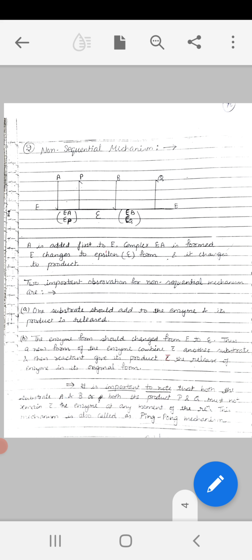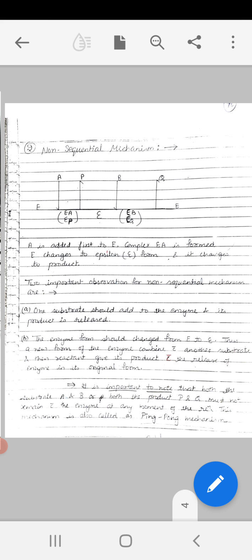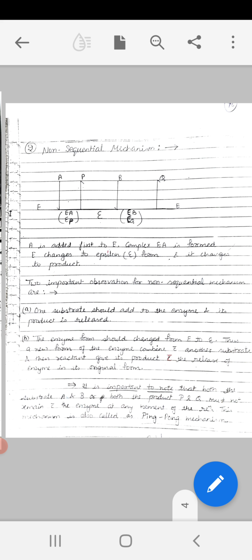Two important observations for the non-sequential mechanism are: first, one substrate should add to the enzyme and its product is released. Secondly, the enzyme form should change from E to epsilon. The structure or form of the enzyme changes.